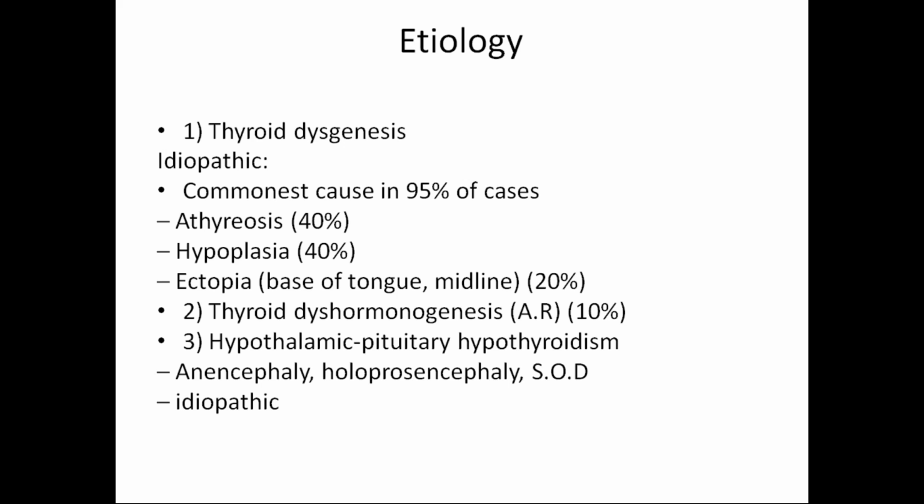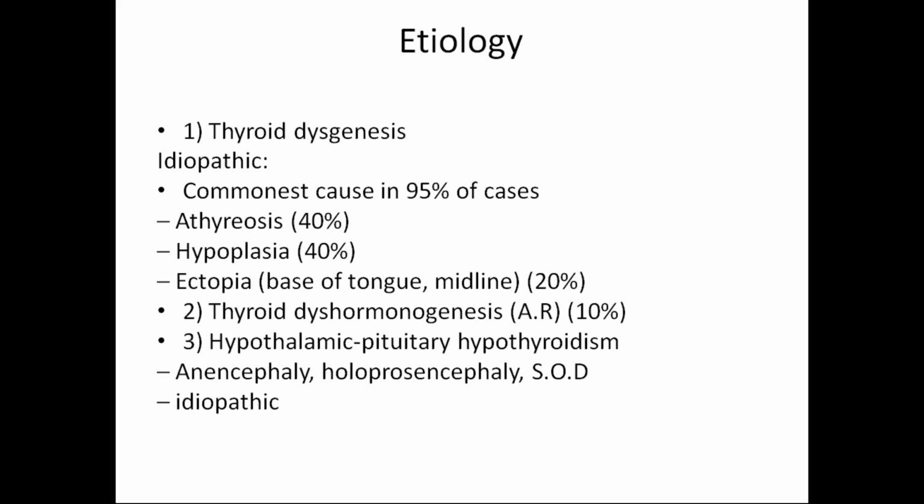Yeah, this constitutes most of the cases, 95% of the cases. The next common cause, or the other thing of considerable significance, is dysharmonogenesis. As the name suggests, the hormonogenesis, the thyroid hormone formation, is defective, be it because of any receptor defect, or any iodine uptake defect, or any globulin defect. Whatever it is, the hormone is not getting processed.